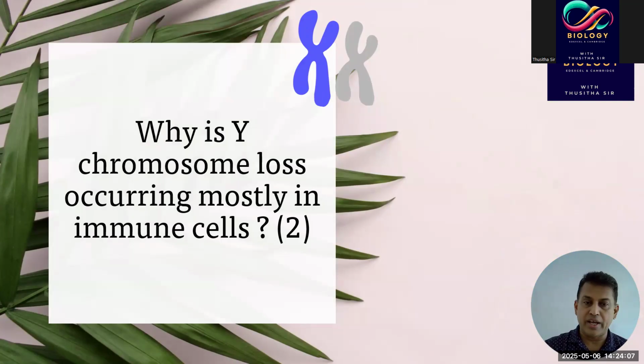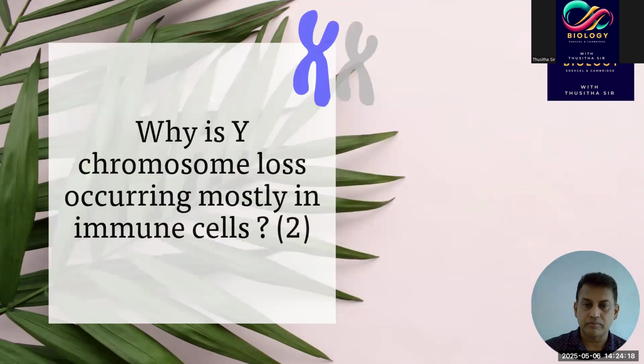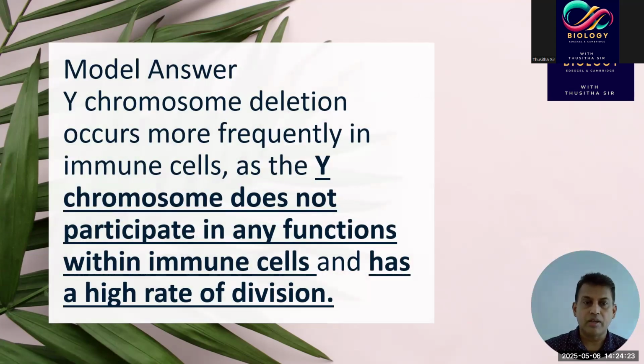The answer: Y chromosome deletion occurs more frequently in immune cells as the Y chromosome does not participate in any function in immune cells. Number one, the Y chromosome has no distinct function in immune cells, and number two, immune cells have a high rate of division. These are the two points.